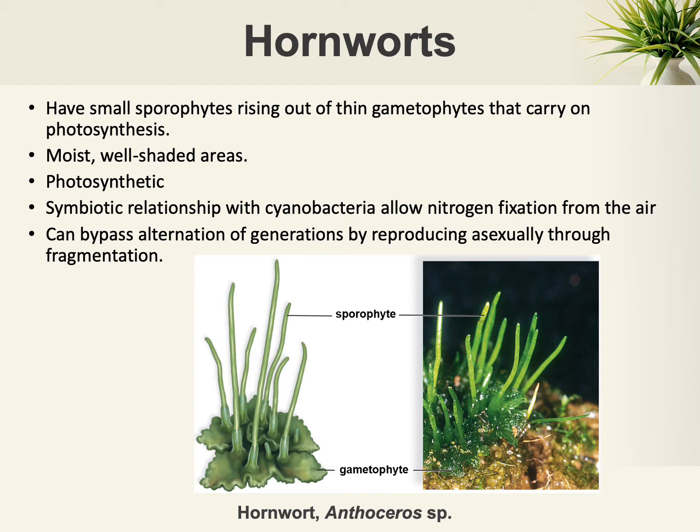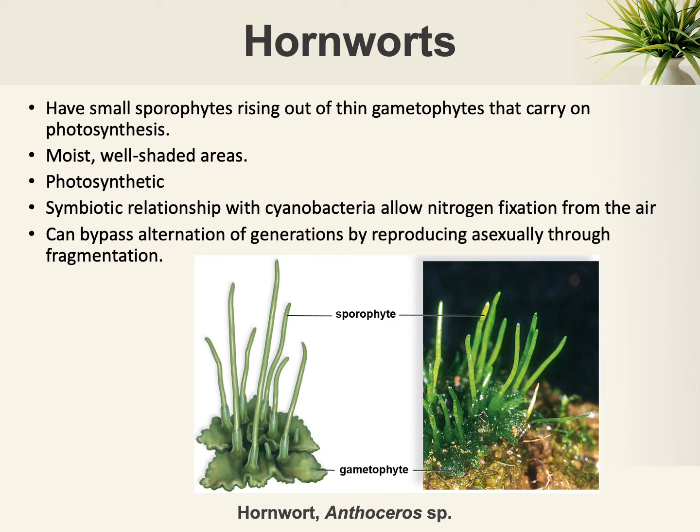Hornworts have small sporophytes. They resemble tiny green broom handles rising from the gametophyte, which at the bottom is only around 2 centimeters in diameter. They have small sporophytes rising out of thin gametophytes that carry on photosynthesis.